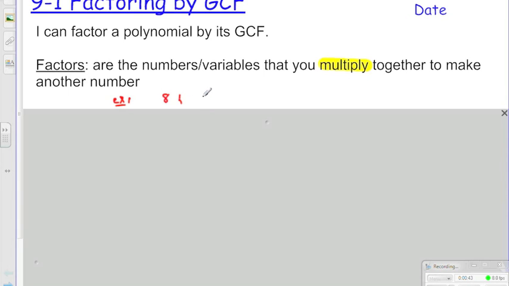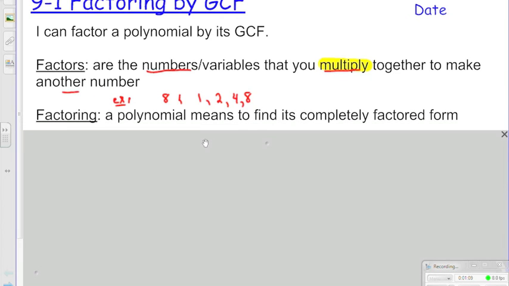Well, we know 1 and 8 multiply together to make 8. And after 1 we know 2 and 4 multiply together to make 8. So the factors of 8 would be 1, 2, 4, 8, because they're the numbers that can be multiplied together to make another.